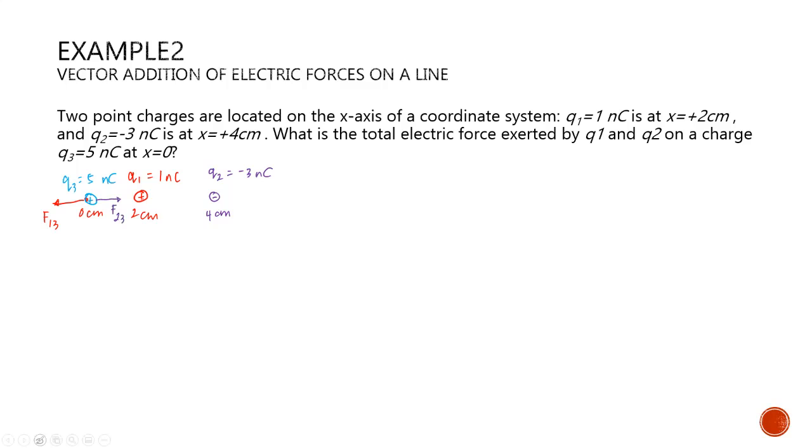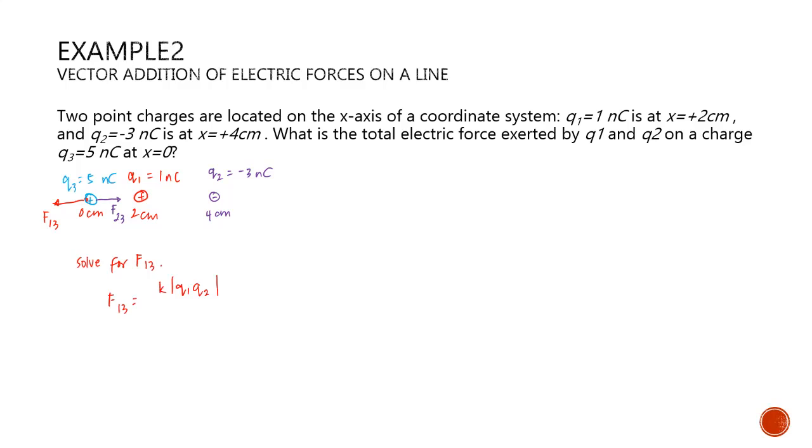So we need to get the total electric force, and we have to solve for their magnitudes. First, solve for F sub 1,3. By the way, you can put Q1 times Q2 inside one absolute value symbol, instead of putting two absolute value symbols for Q1 and Q2.